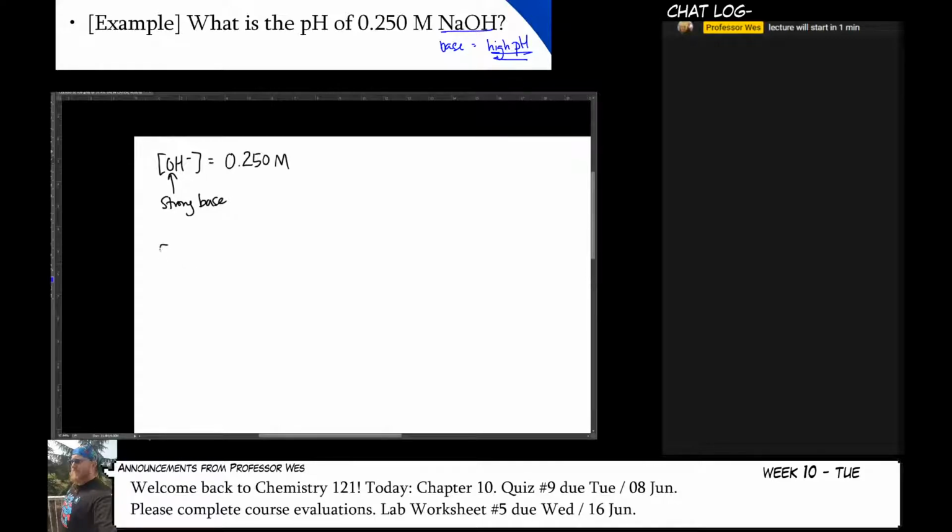But I don't know what this is, right? Well, fortunately, we have an alternative path. If I know the hydroxide instead of the H+, I can calculate the pOH, which is negative log of OH-. So that would be minus log of 0.250, which you should type in your calculator just to see that you get the same thing that I do.